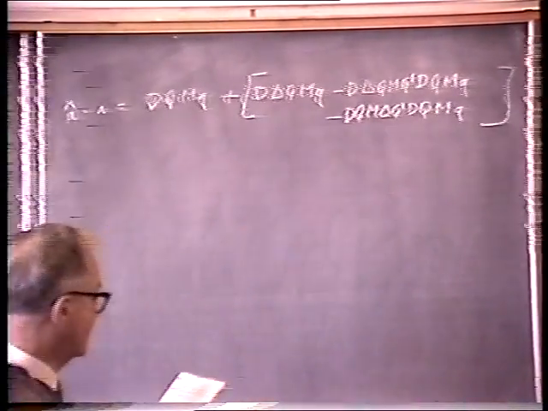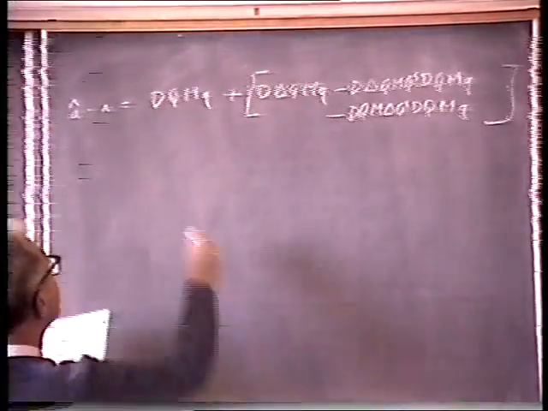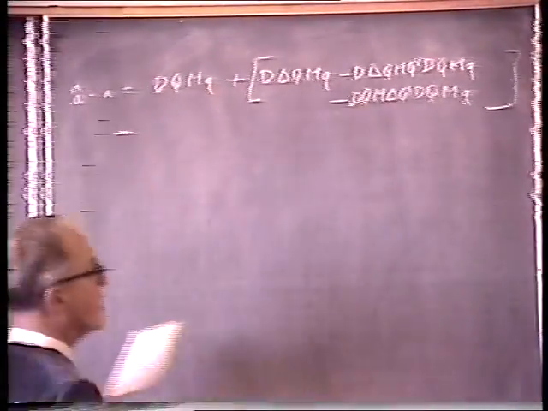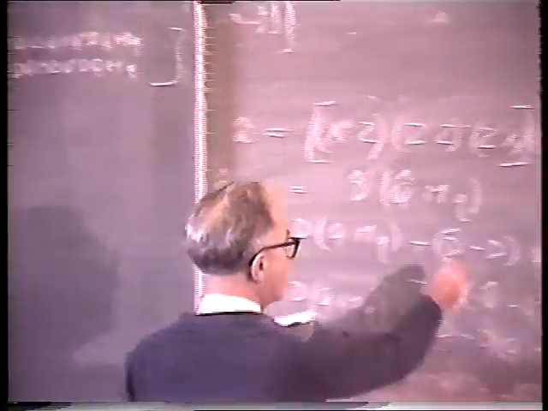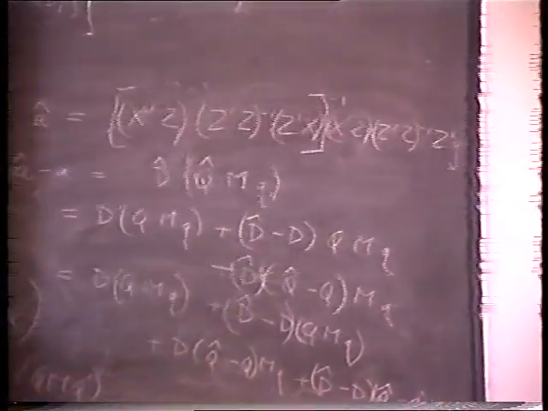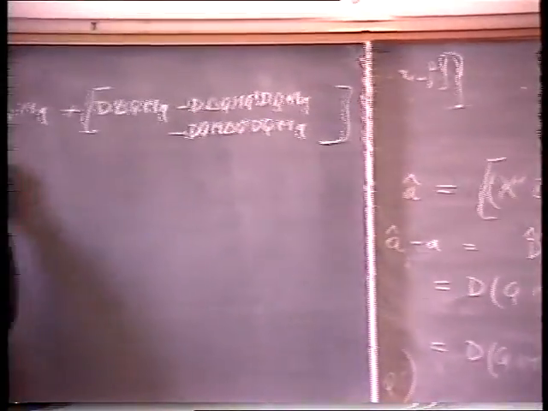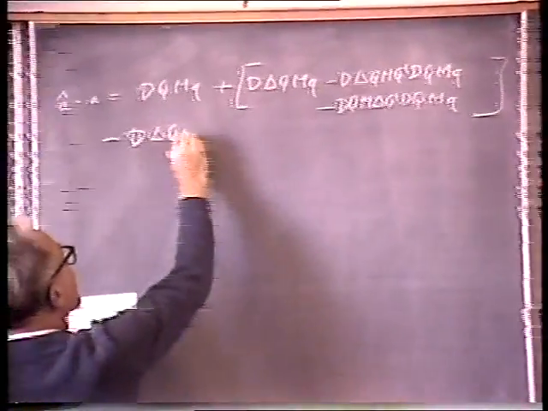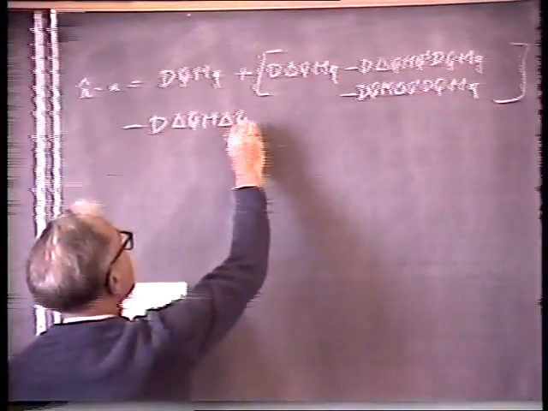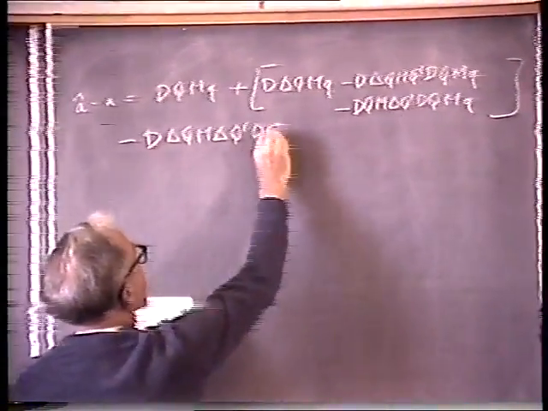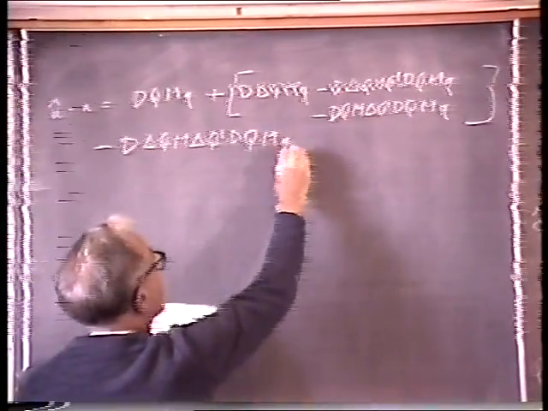So all the remaining terms are third order terms. We first of all continue with that expansion for d hat minus d here, picking out now the second order term in that expansion, which is d delta q m delta q primed d times q m q.